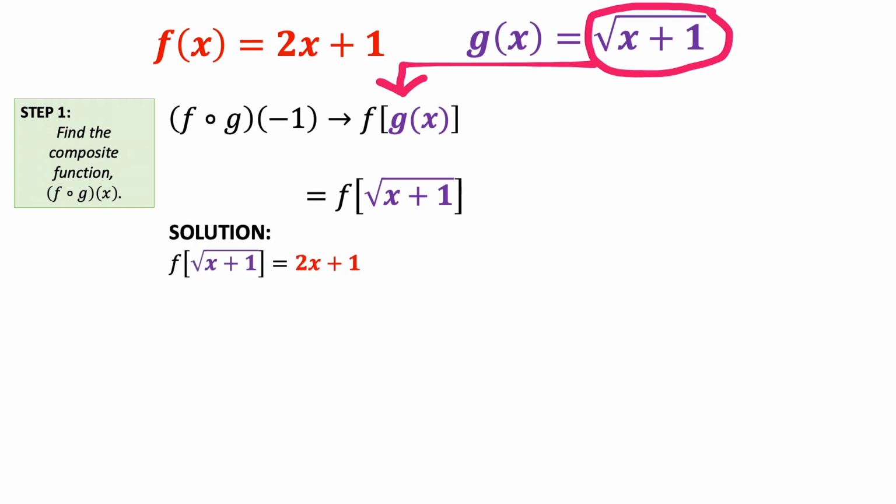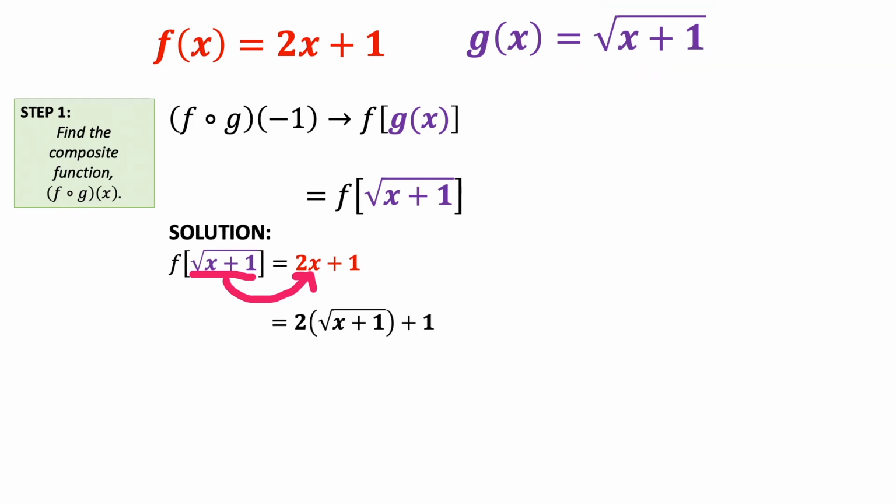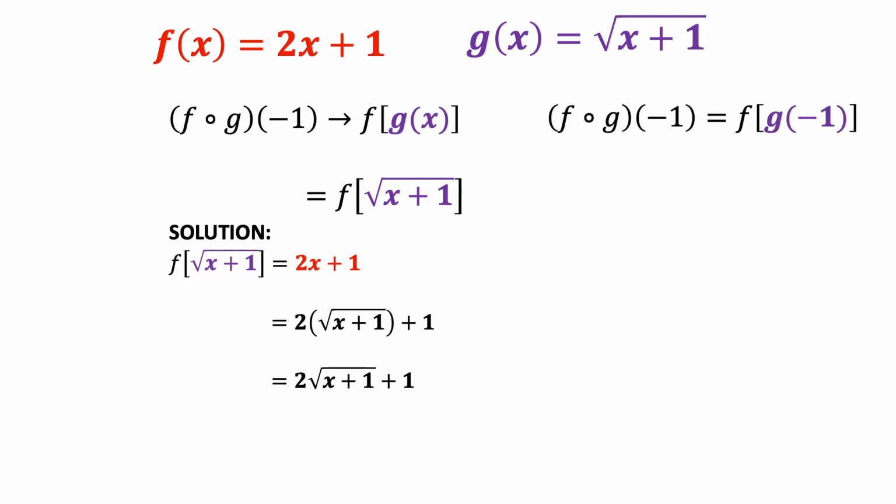Now, I will replace x variable in 2x plus 1 by square root of x plus 1, which will give us 2 multiplied by the quantity square root of x plus 1, plus 1. 2 multiplied by quantity square root of x plus 1 will give us 2 square root of x plus 1, plus 1. Since this is now the simplified form of our equation, f circle g of x is 2 square root of x plus 1, plus 1.